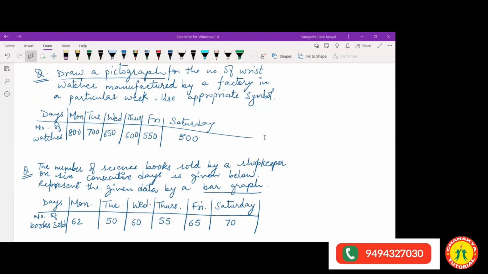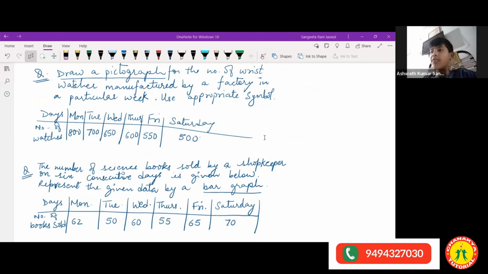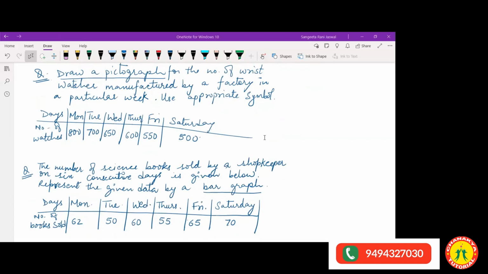Data. Okay, that's the definition of data. What is data? Collection of information. You must have got this question from the question paper. Yes, ma'am.